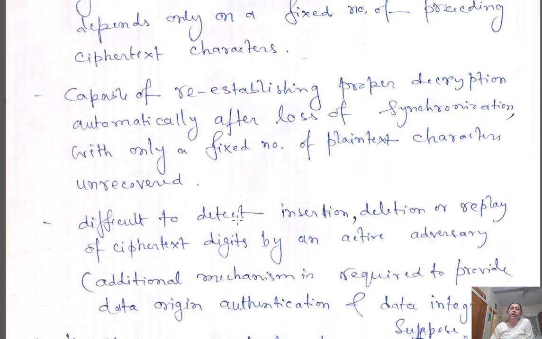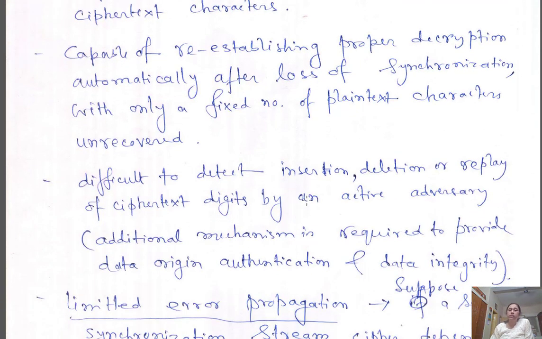But the bad thing is it is difficult to detect insertion, deletion or replay of ciphertext digits by an active adversary. Whether some active adversary is doing these things or not, you cannot detect that.